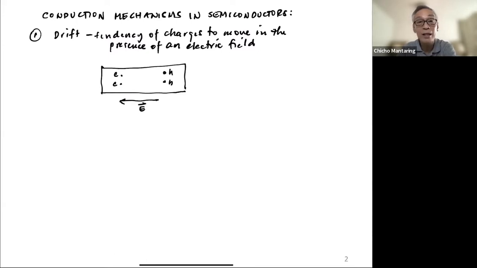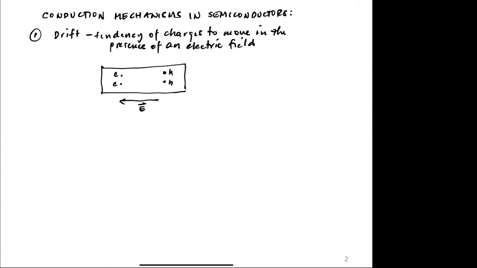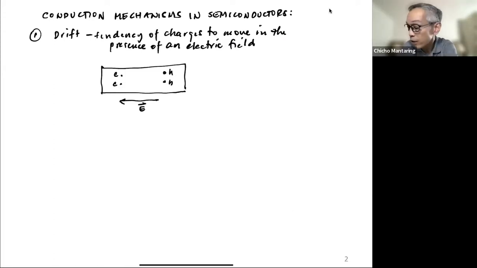Anyone? Can I hear a shout out? Saan pupunta yung electrons ko, saan pupunta yung holes ko? Sir, yung holes po sa direction ng electric field, yung electrons naman po sa opposite ng electric field. Yeah, that's good, no? So the electrons are going to go this way, and then the holes are going to go this way, no?